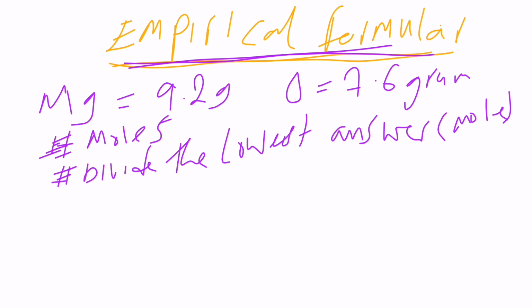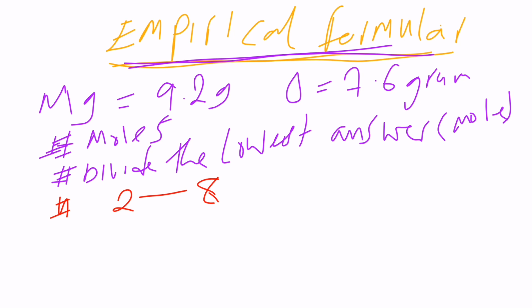Second, divide by the lowest answer, the lowest number of moles. Third, after you divide by the lowest answer, there is a principle we use when you want to round off. Your answer should be in between 2 and 8.